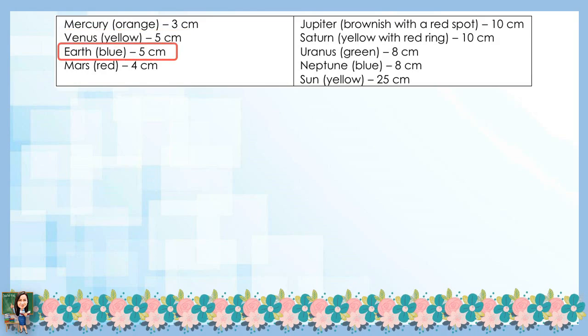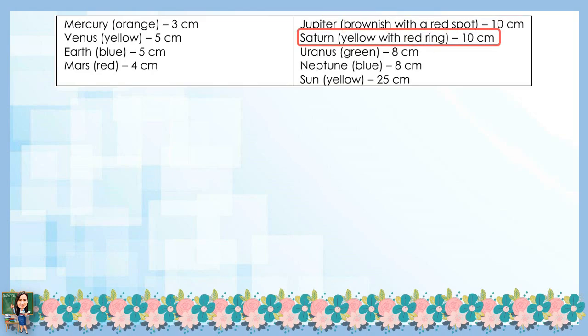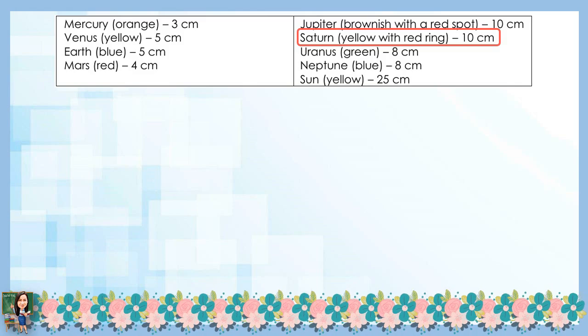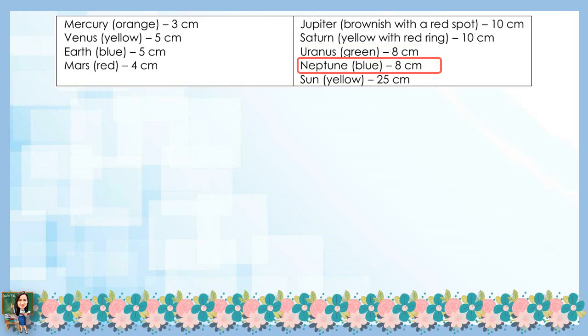Earth, blue, 5 cm. Mars, red, 4 cm. Jupiter, brownish with a red spot, 10 cm. Saturn, yellow with red ring, 10 cm. Uranus, green, 8 cm. Neptune, blue, 8 cm. And Sun, yellow, 25 cm.